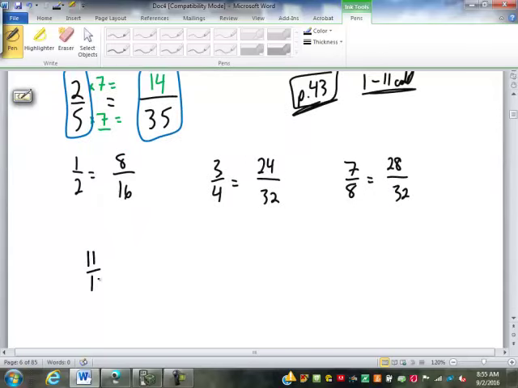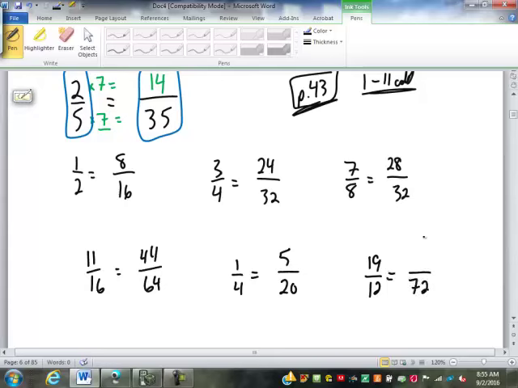Number 7, 11/16 becomes how many 64ths? 44. Number 9, 1/4 becomes how many 20ths? 5. And finally, number 11, 19/12, and I know that's improper, but we'll talk about that in a minute, becomes how many 72nds? 114. Perfect. Any questions on those?